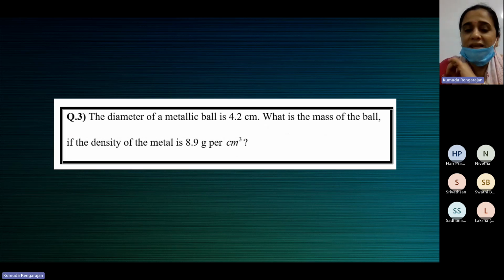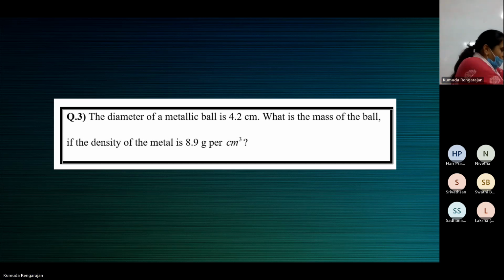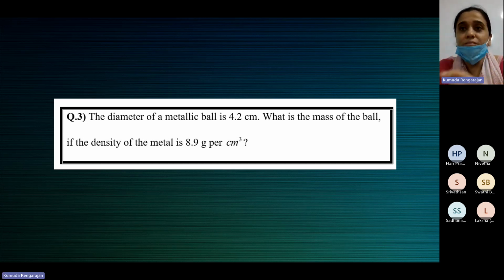The diameter of a metallic ball is 4.2 centimeters. What is the mass of the ball if the density of the metal is 8.9 grams per centimeter cube? See, when we are not sure if it is volume or area, the unit itself will tell you: 1 centimeter cube. 1 centimeter cube of the metal has a density of 8.9 grams.